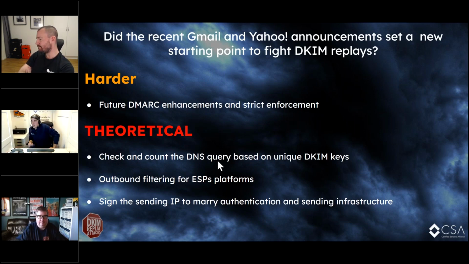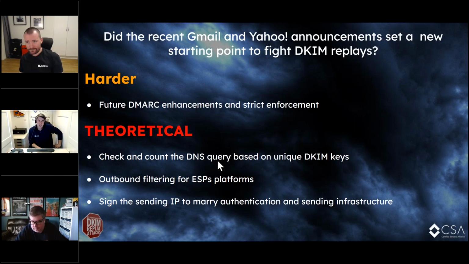To the point that you already made, El, what we have observed in the past 2.5 years is that the well-known DKIM replay attacks have been misused because mailbox providers got aware of it.